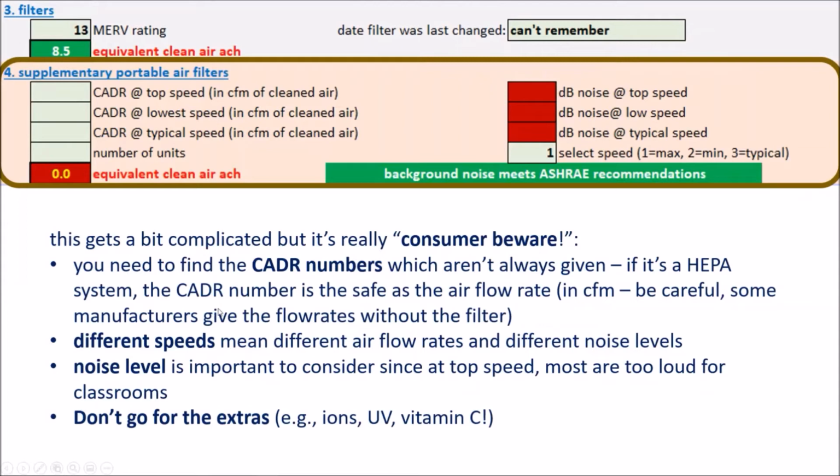There are different speeds, which mean there are different flow rates and different noise levels. And the noise level is important because, especially in a classroom, if you have to turn it down to the lowest setting and you're buying it thinking you're going to operate it at the top setting, you'll be in for a surprise. And don't go for all the extras, the ion generators, the UV. I even saw one which emitted vitamin C into the environment.